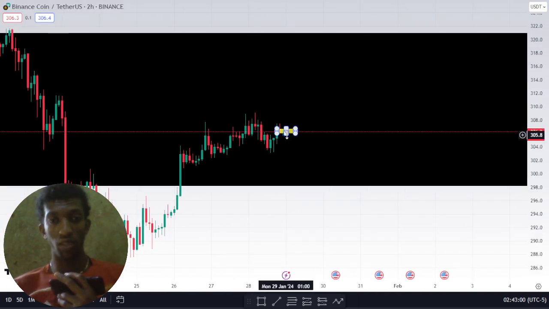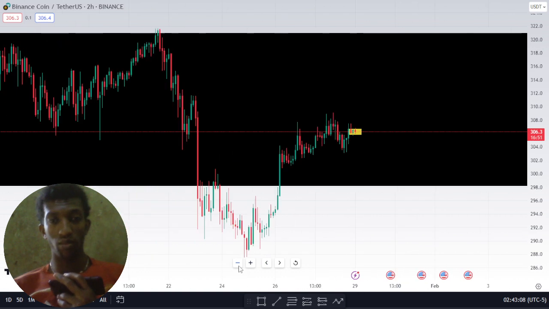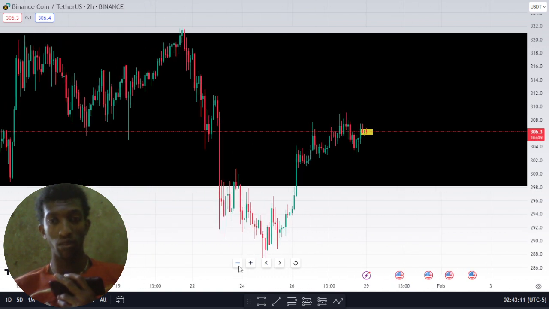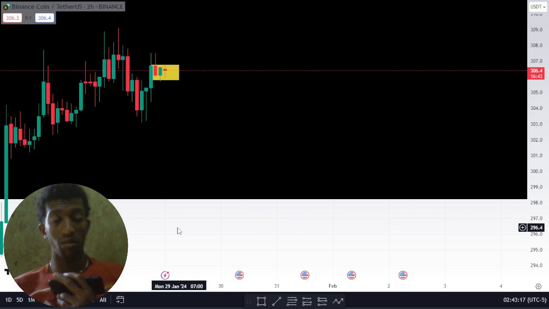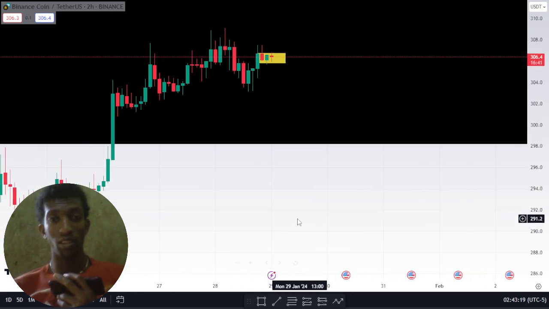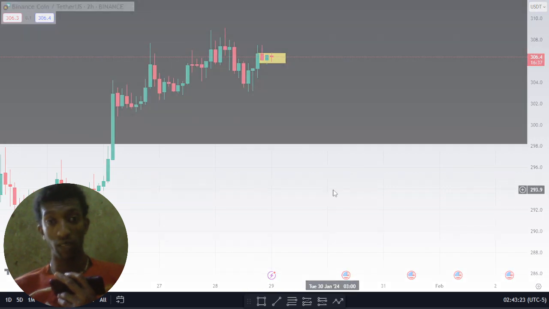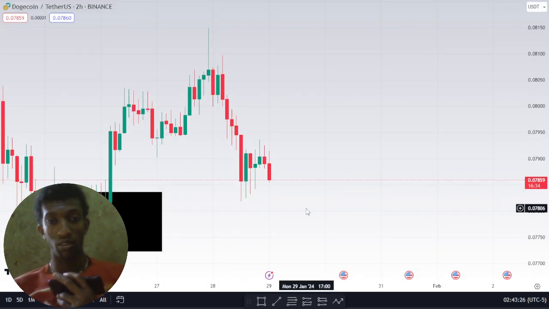So we want a breakout. We want the breakout to happen, right? So Binance coin is still holding its ground. There is still no trade at all. There is no break, right? Still consolidating. So let's find the other cryptocurrencies.